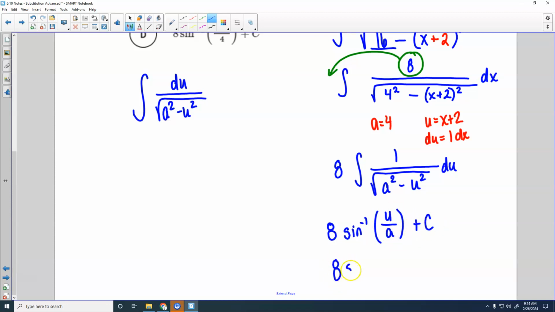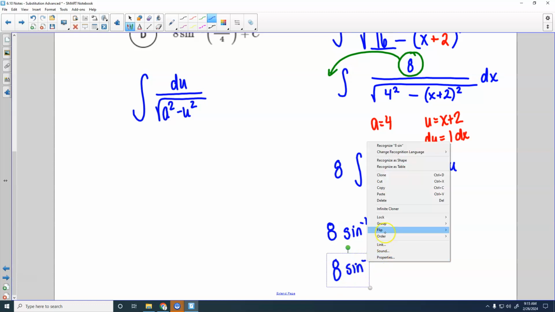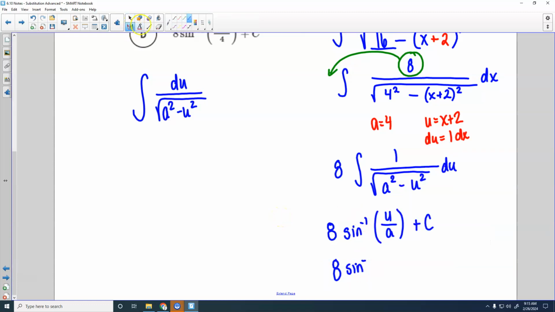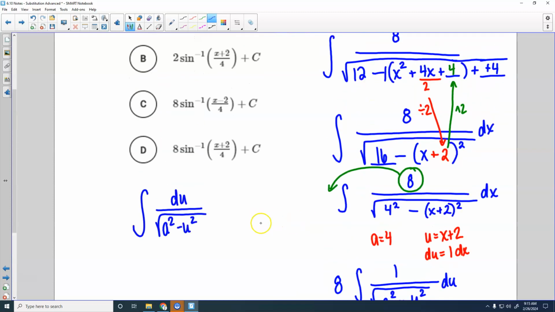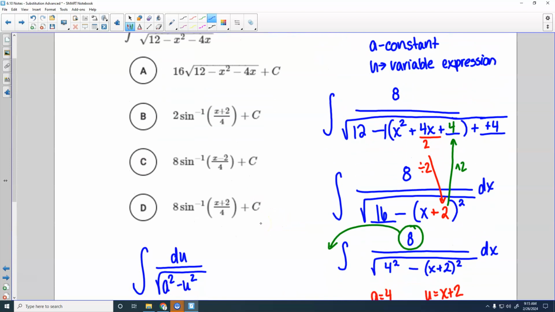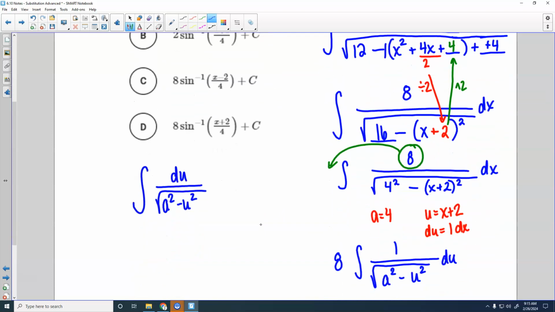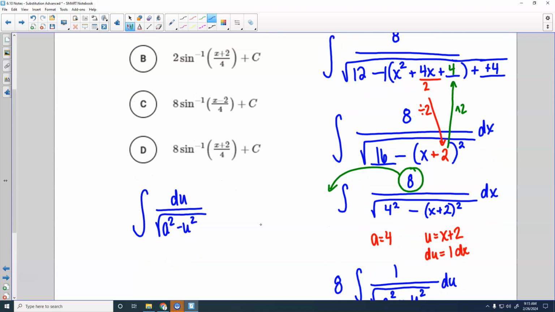And if we put our u and our a back in, that's going to be x plus 2 over 4 plus c. And that is answer choice D. Simple.